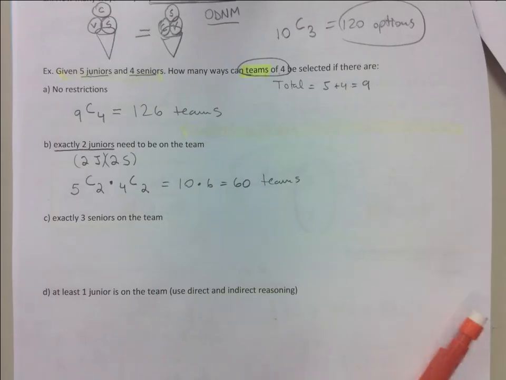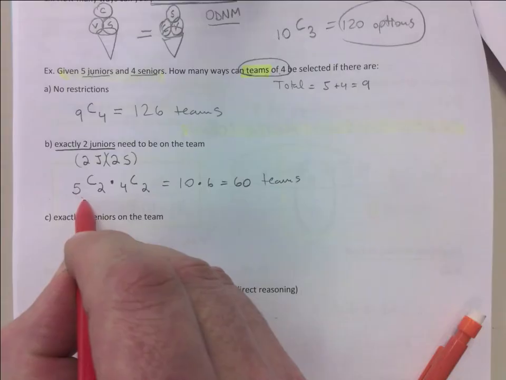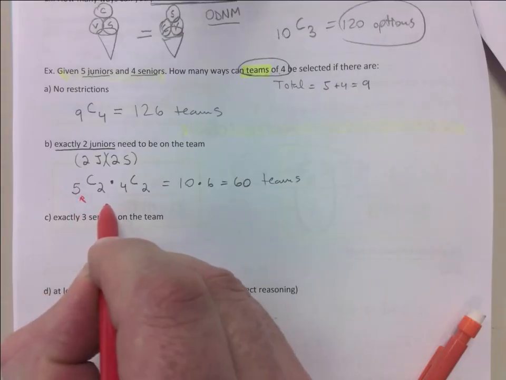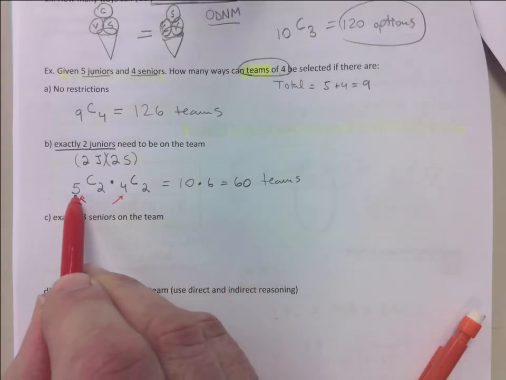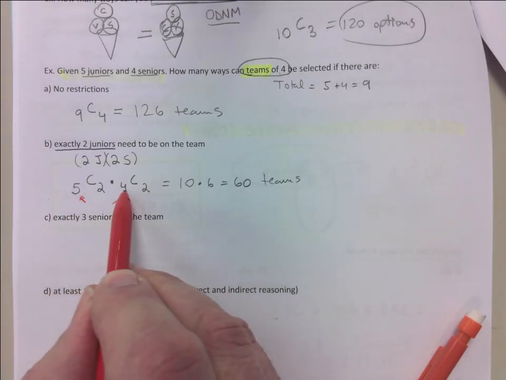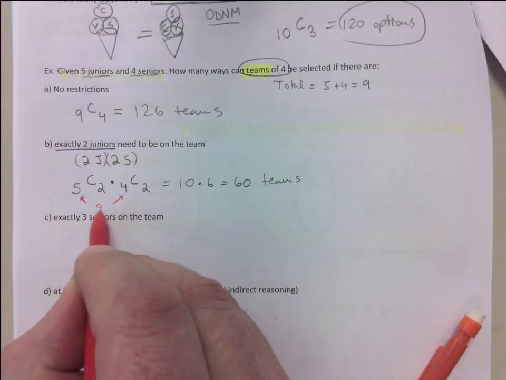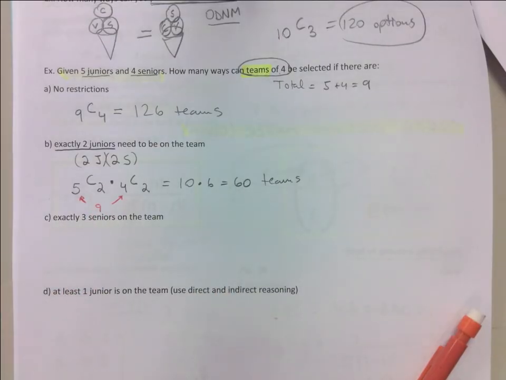Can I draw your attention to something else that I want you to check all the time? What do these 2 numbers add up to? This is like how many juniors and seniors? So that is 9, right? That's my total. And what do these 2 numbers add up to?